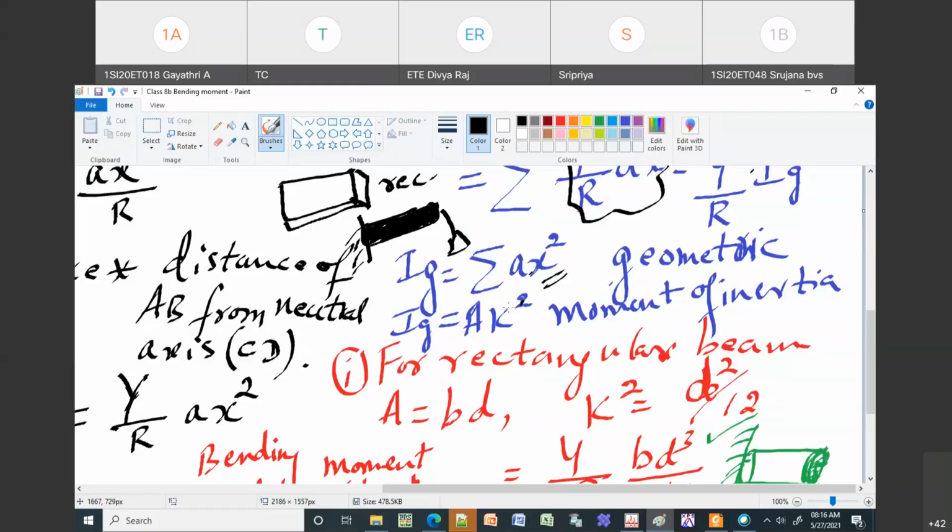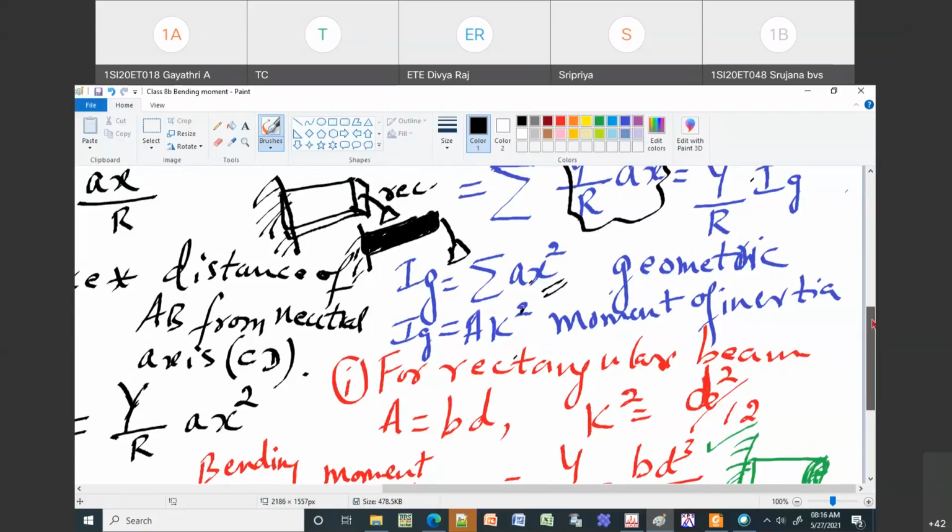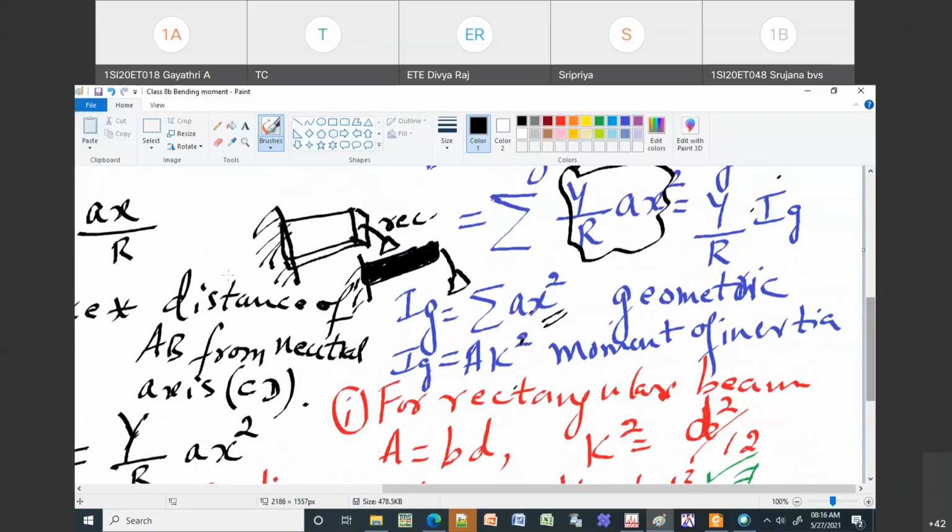So for a rectangular beam, what we do is we take the area of the surface of applied force. Even though this beam is fixed, there is a length, width and height. But normally when we write the area, we take the area of only the point where your force is applied.